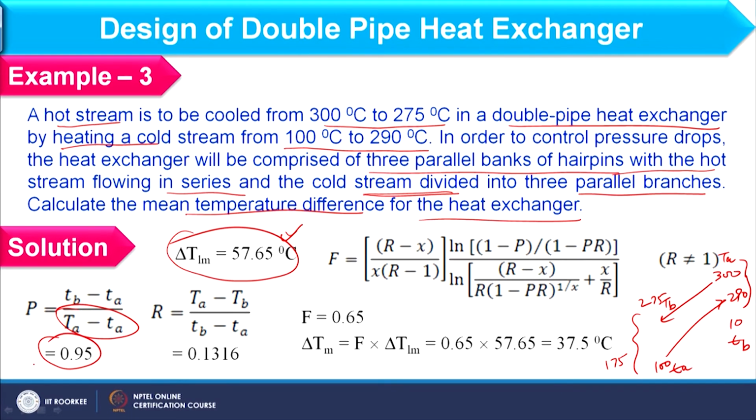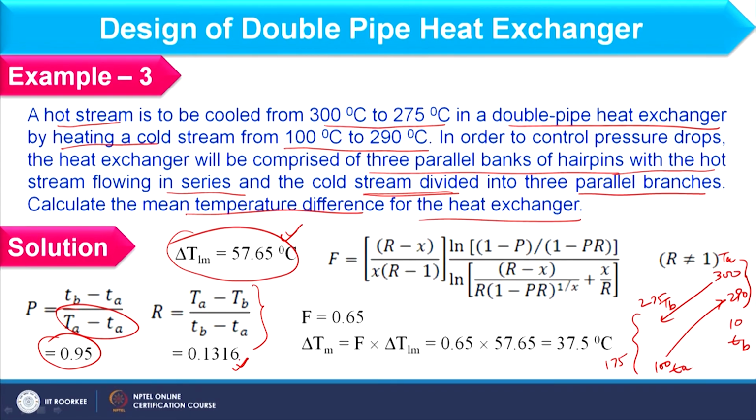You can simply find out P as 0.95, and similarly you can simply divide the temperature differences of two fluids to find R value, which comes out as 0.31, which comes out as 0.1316.